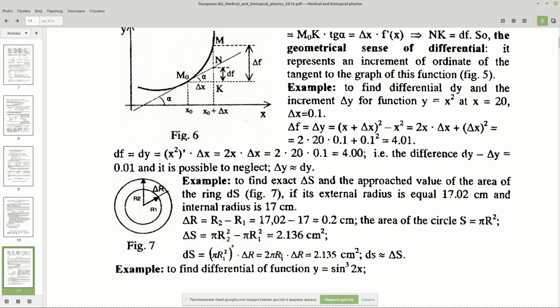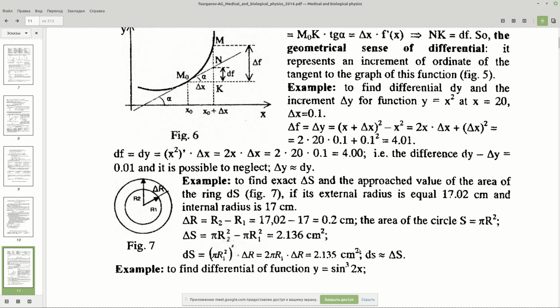Differentiate the function sine of 2x to the power of 3. The intermediate argument is u equals sine 2x, and y will be u to the power of 3.